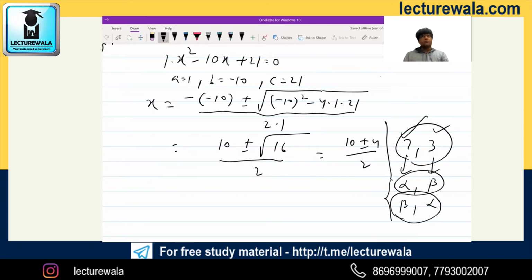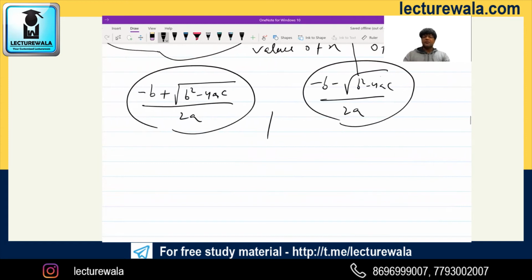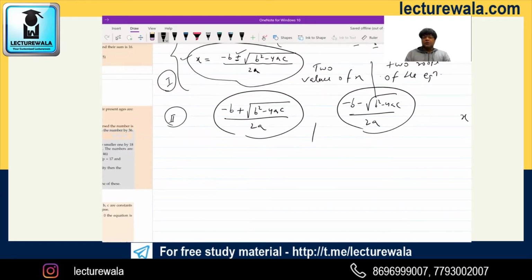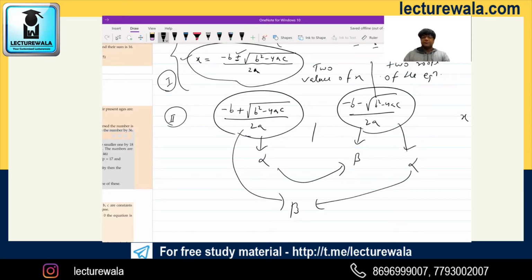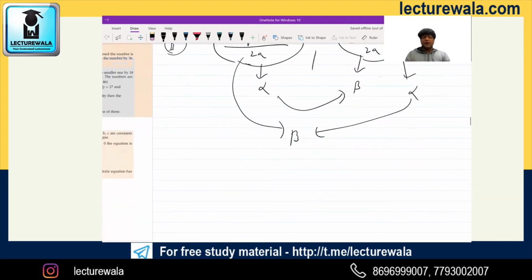Out of these two roots, one is alpha and the other is beta. That means if this is alpha, then this we will call beta, and if you say this is beta, then we will say this is alpha. Clear? So ultimately alpha and beta are the roots of the equation.